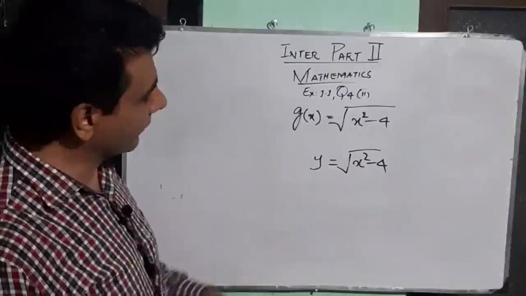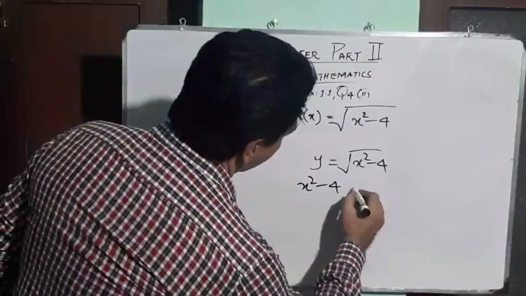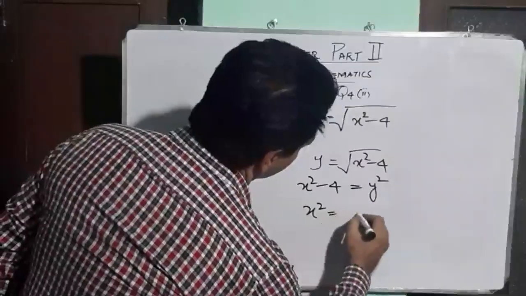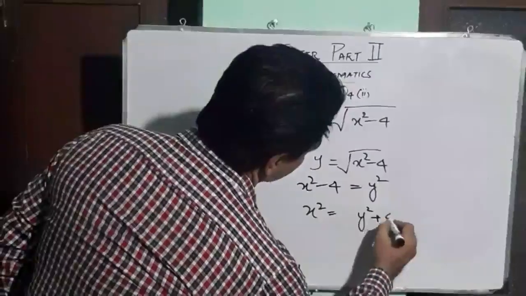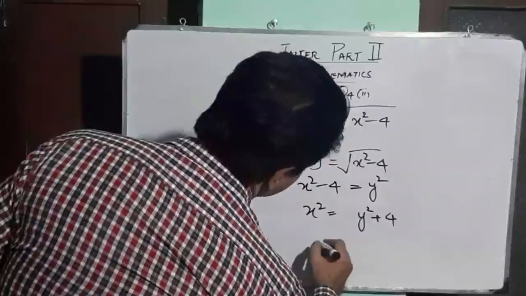Simplifying, taking square on both sides, we have x square minus 4 equals y square, x square is equal to y square plus 4, or x equals square root of y square plus 4.